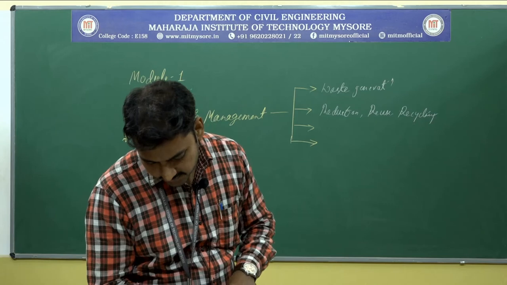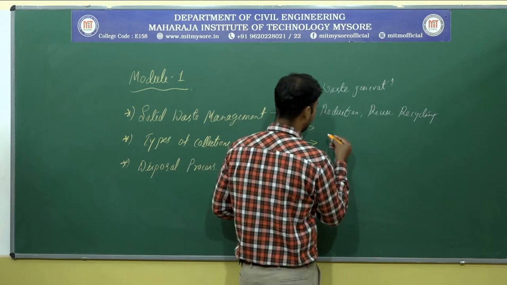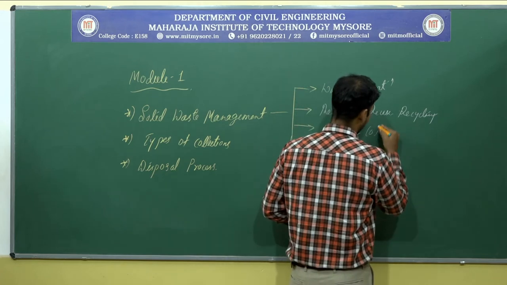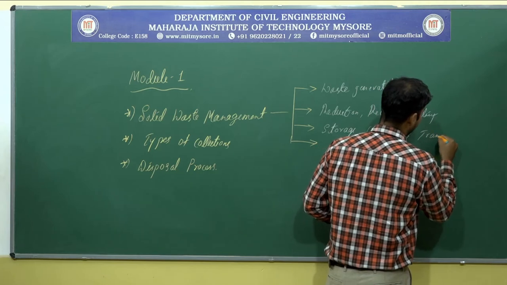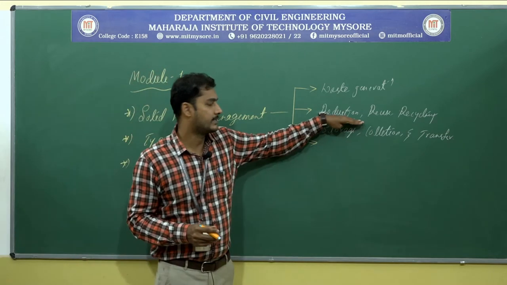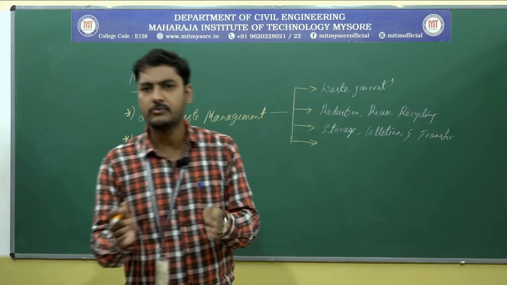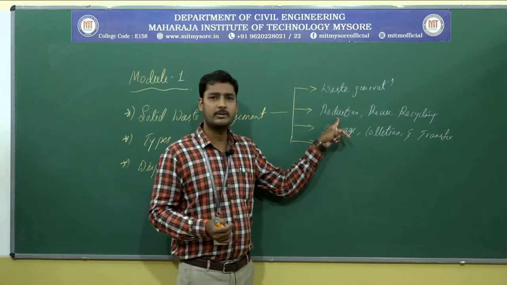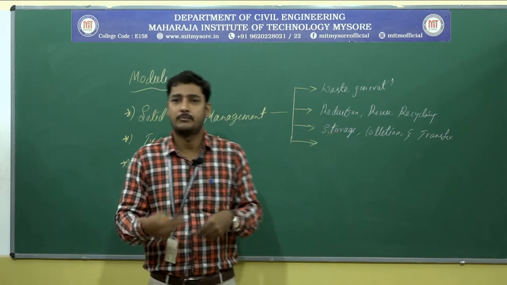Then stage 3 says storage, collection and transfer. Once the second stage is completed, of course, if 10 kg is generated from one individual house in a week, probably I can say, is there any chance to reduce some 5-10% of it, so that I can minimize the production of waste?